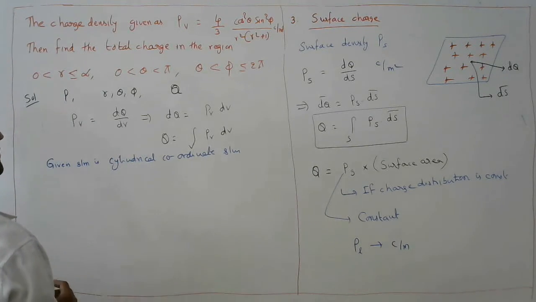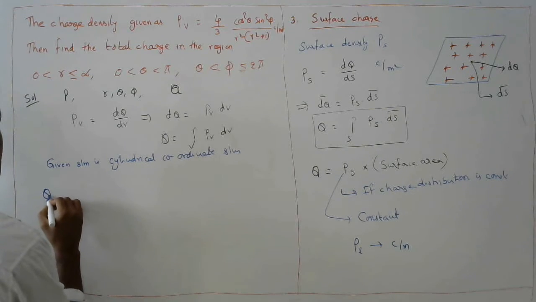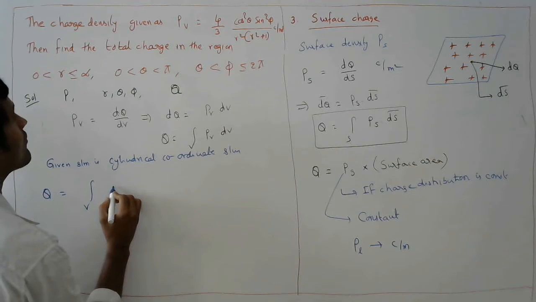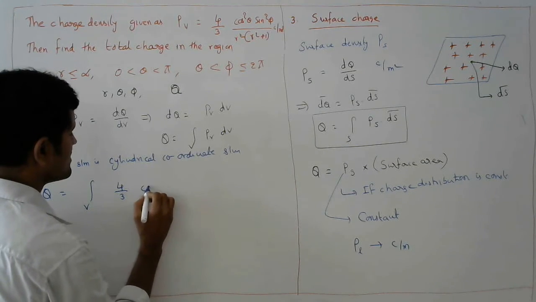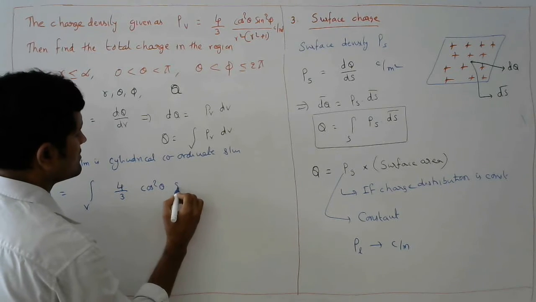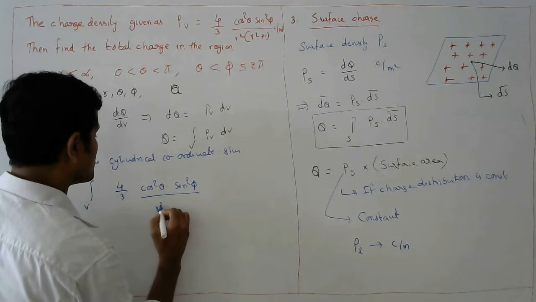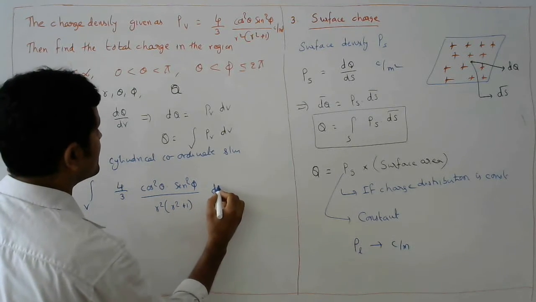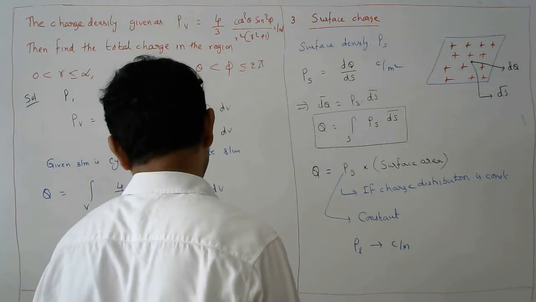So we have to use those ranges. Total charge is equal to volume integration of the given rho v, which is 4 by 3 cos square theta sin square phi by r square into r square plus 1, into dV.